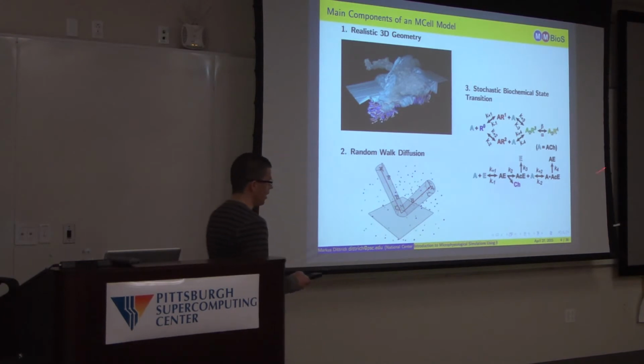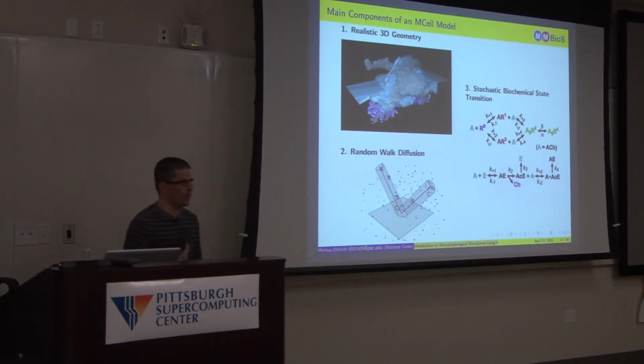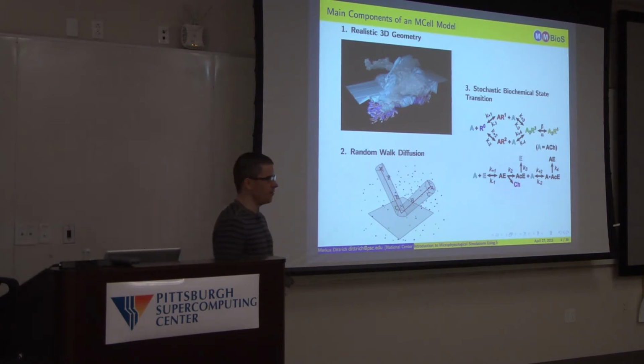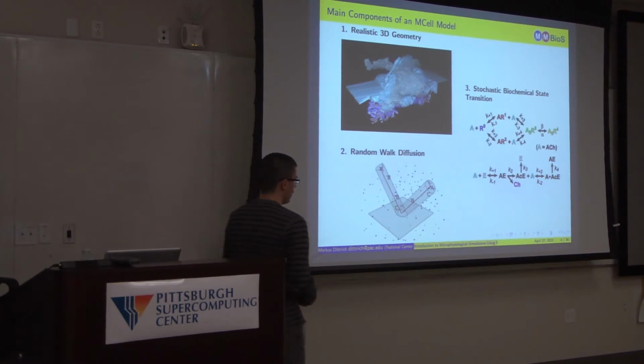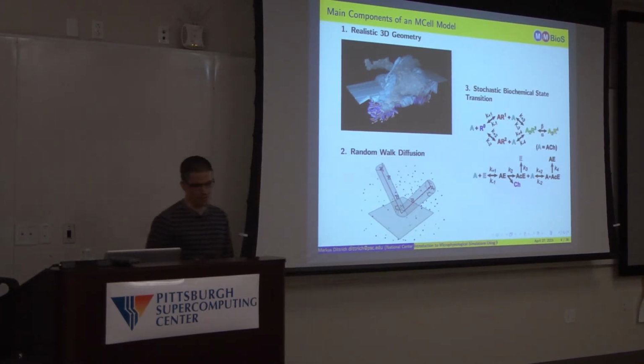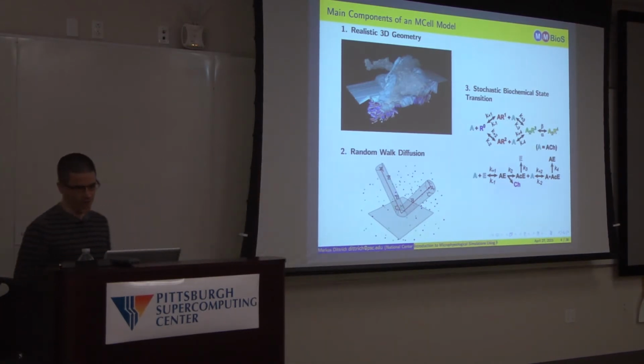These can be very complicated and are modeled based on some biological insight that you have in your system. So you can model any kind of open-close transition, or receptor binding, or conformational change that you have in mind. These are the three key ingredients of an MCell simulation.